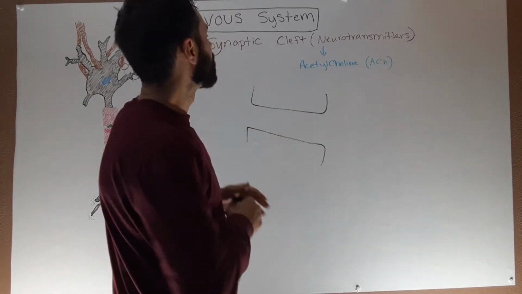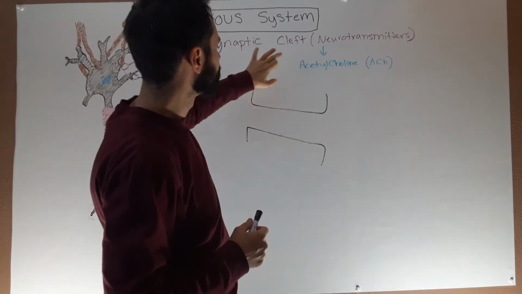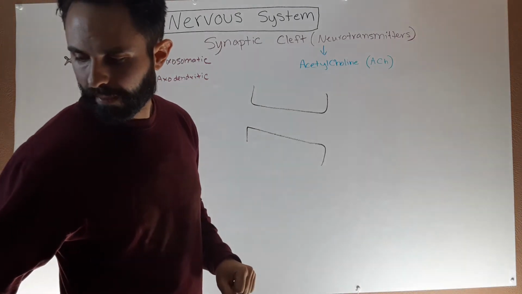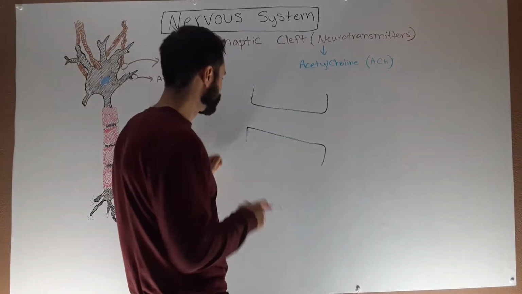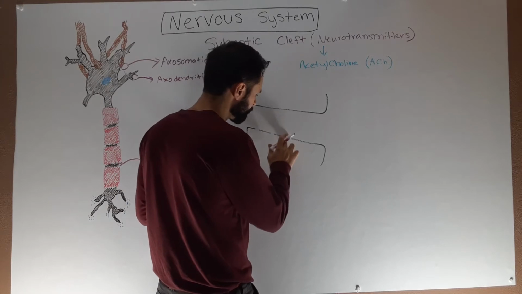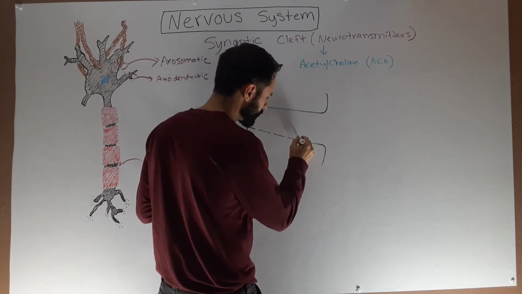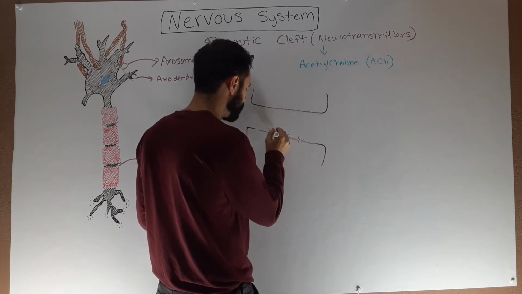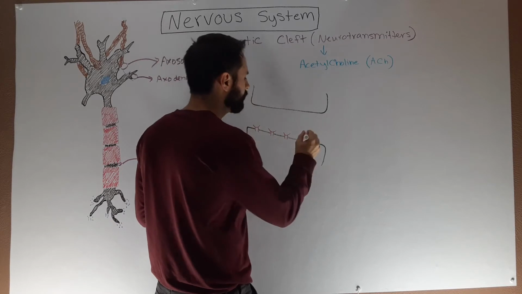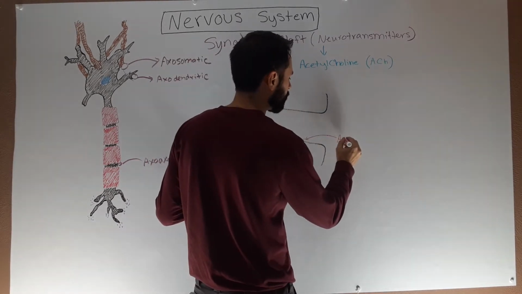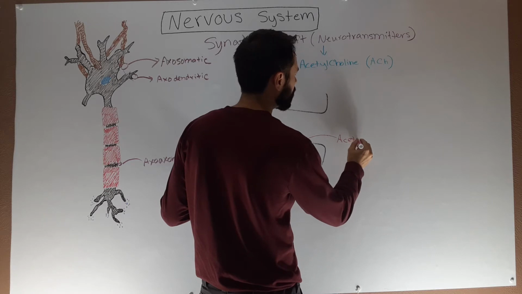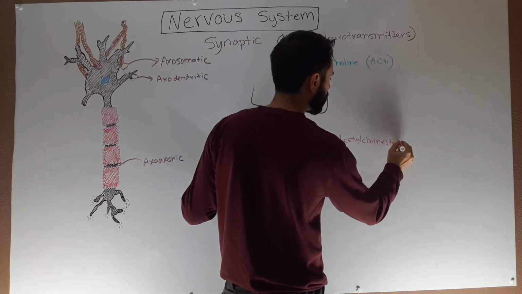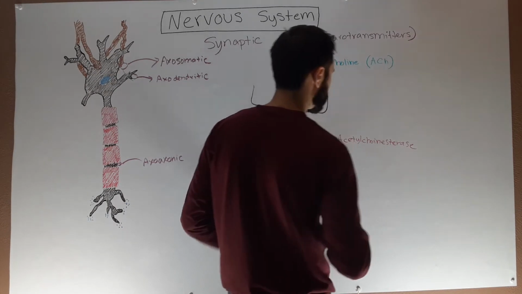Again, while there are lots of neurotransmitters, in the case of acetylcholine, which is used a lot, you're going to have these structures, these little proteins that come out of the postsynaptic membrane. And these are called, let's see if I can spell this, acetylcholinesterase, one of those nice fun big words.